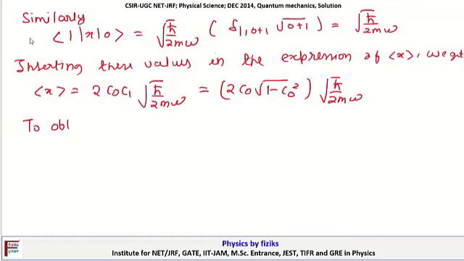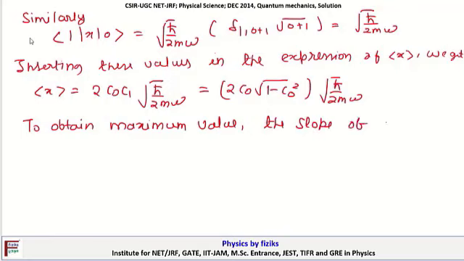To obtain the maximum value, the slope of the above equation must be 0.